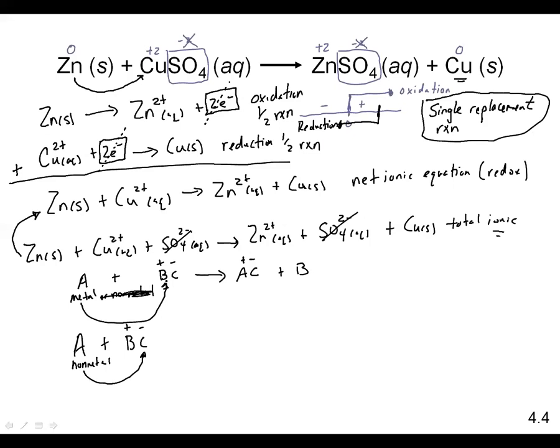Again, the metal comes in and kicks out the positive guy because although the metal does not have a charge at that moment, when it gains a charge, it's going to be positive. When a non-metal comes in, although it does not have a charge, it will get a negative charge, so it will kick out that guy. And that will give you B and A plus C.